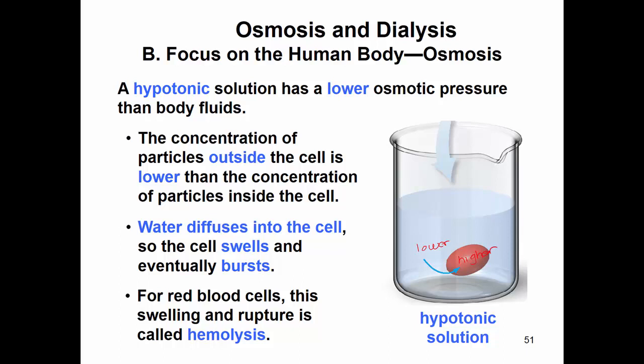We know that osmosis says we flow from low to high, so there's your arrow. If water diffuses into the cell so much that the cell swells, it can eventually burst. The water is going to diffuse into the cell, which can cause it to swell, which can also cause it to rupture, which is called hemolysis. So this is hypotonic, when the concentration outside of the cell is lower than the inside.